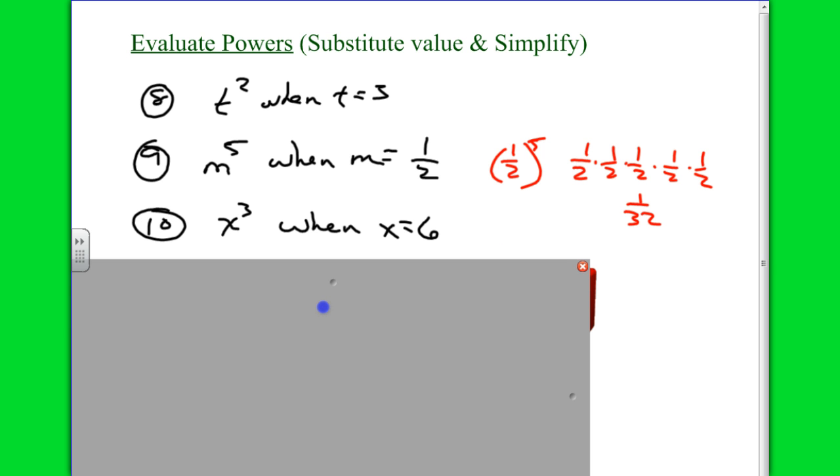Okay? This one's easier. x to the 3rd. Although you might not know what x to the 3rd is, in this case it's just simply 6 to the 3rd. And 6 to the 3rd is 36 times what? Times 6.